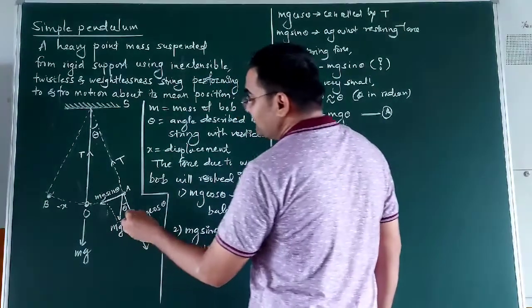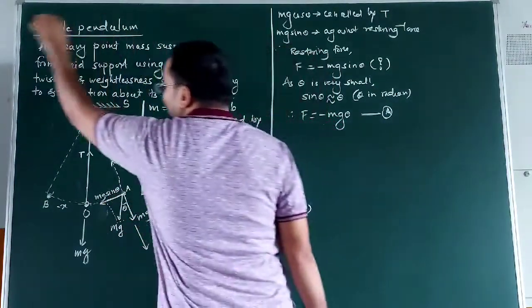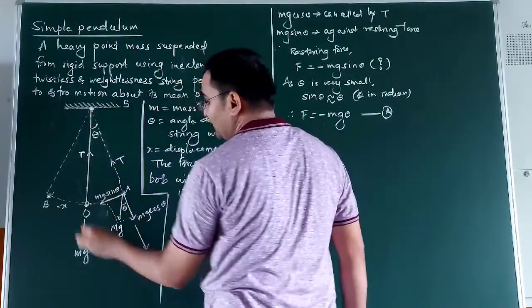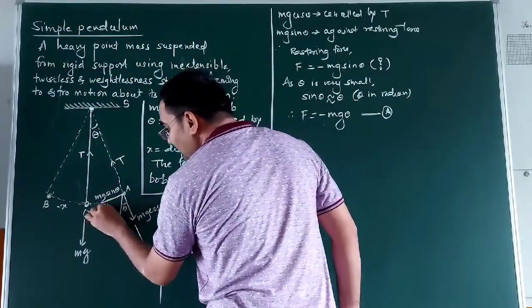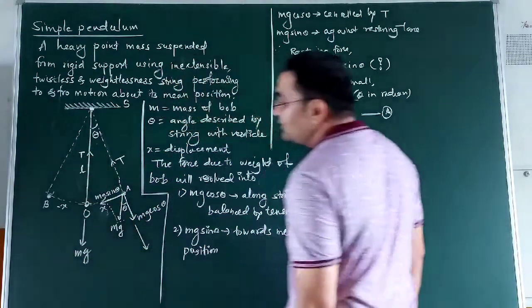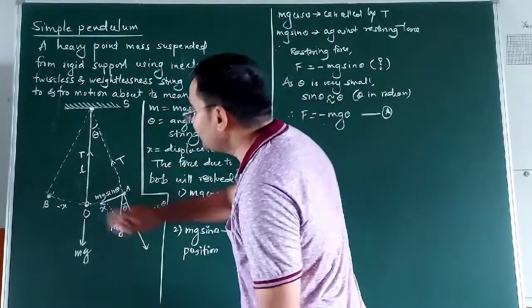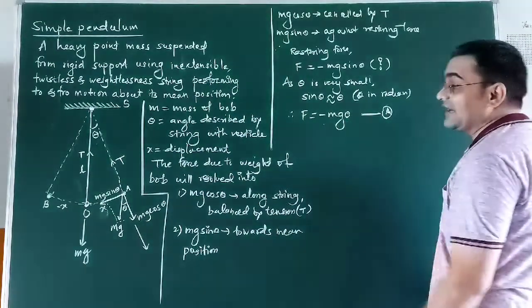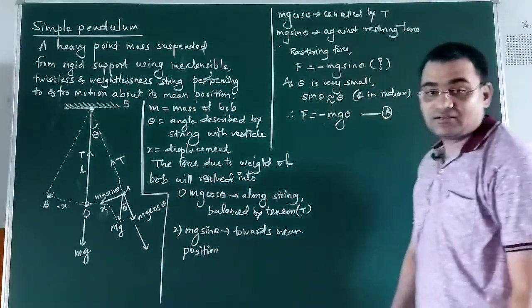Now if I say that the pendulum is describing circular motion about this point of suspension, then this displacement x can be the arc of the circle, the length of the string L can be the radius of the circle, and theta is the angle inscribed by that arc.